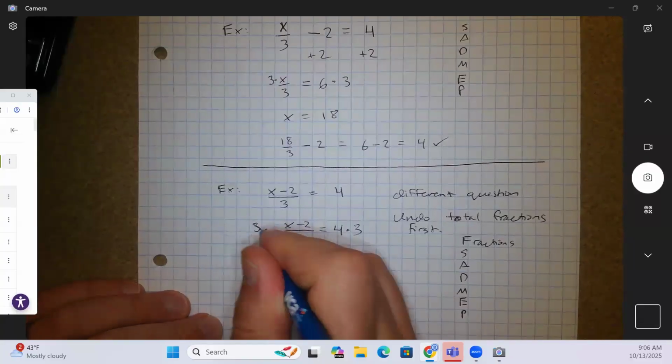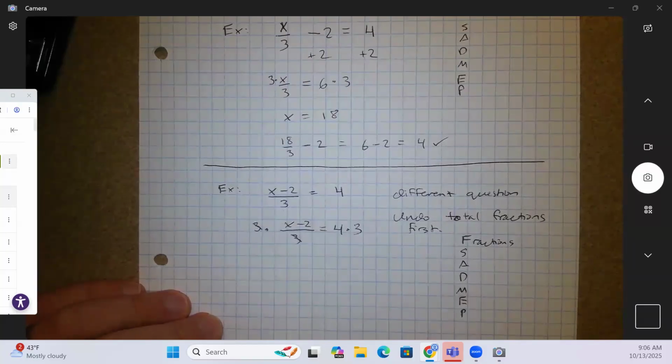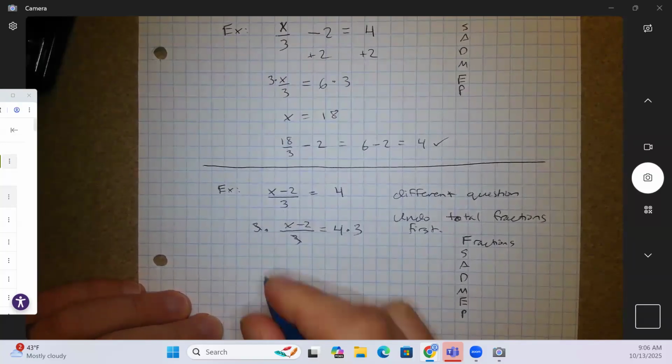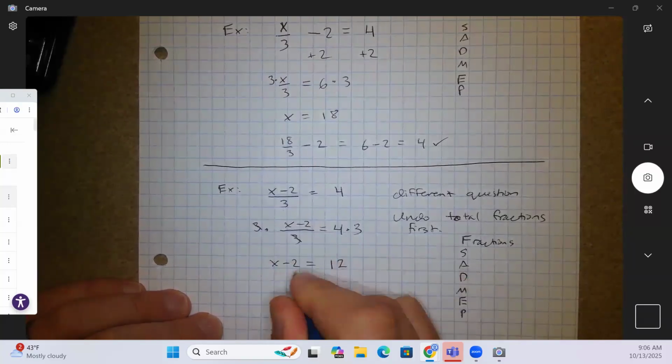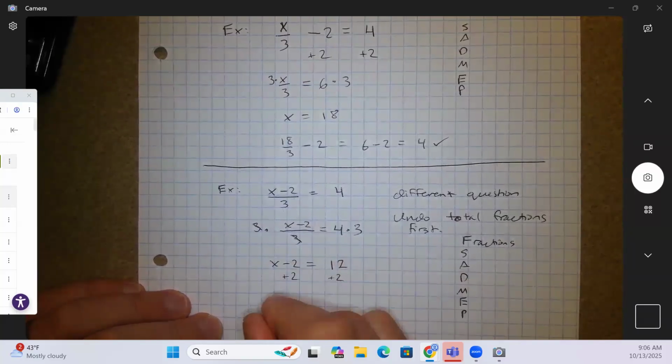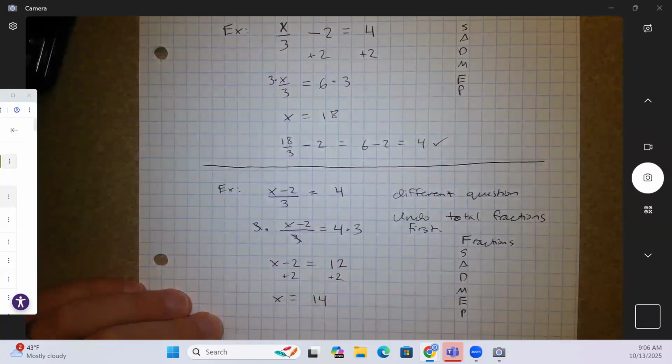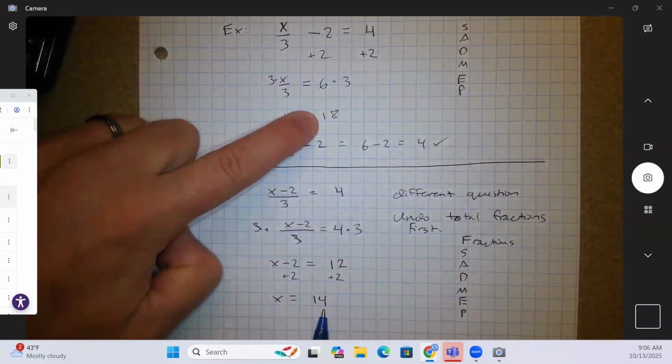And that 3 times cancels with the total fraction 3. And it gives me x minus 2 equals 12. And now I'm going to add 2 to both sides, and I get x equals 14, which is very different than x equals 18.